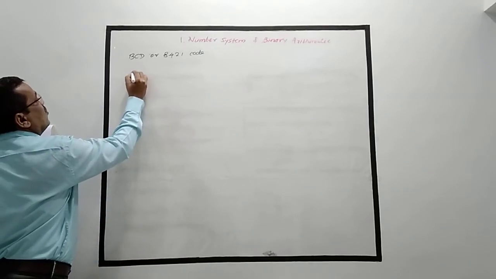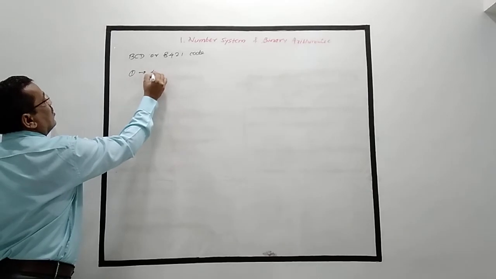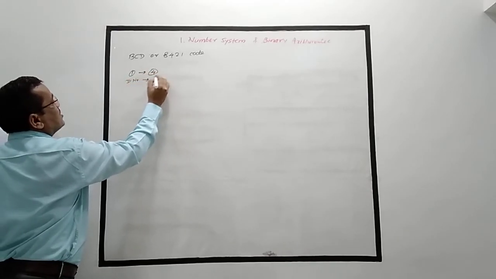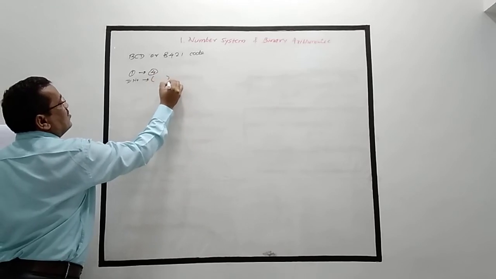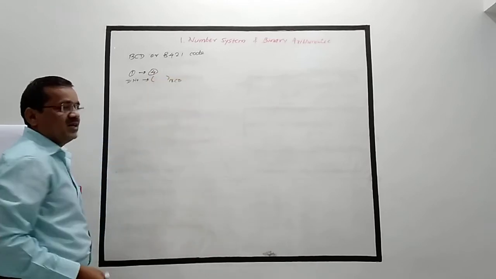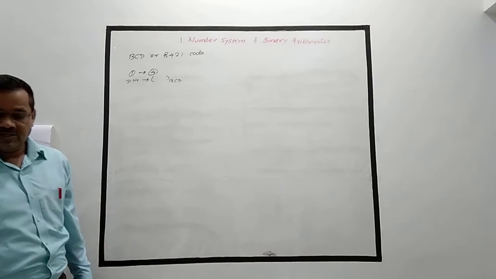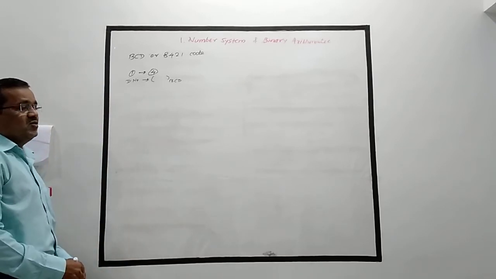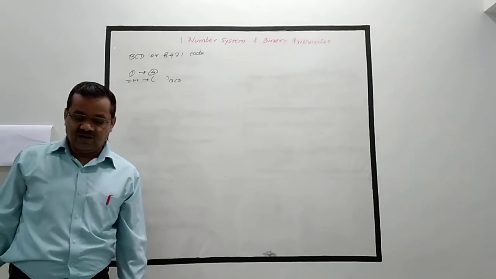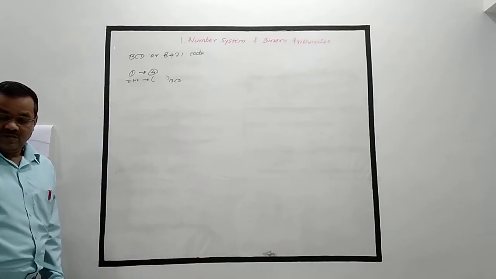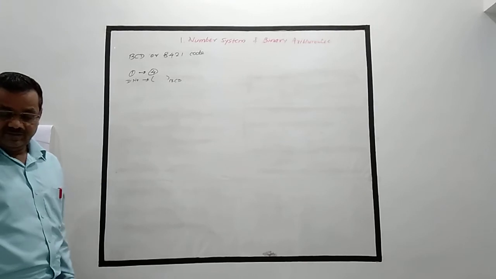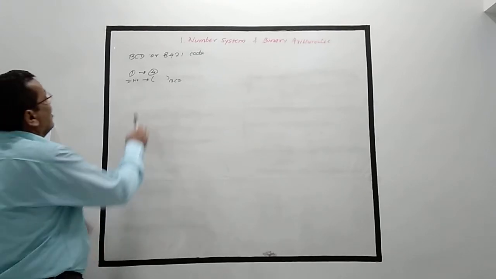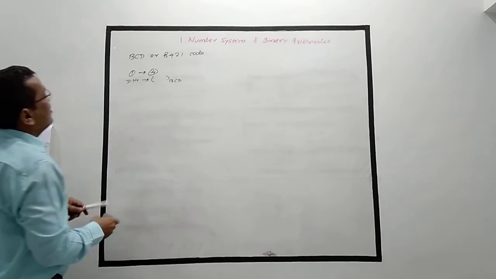Now again, conversion: decimal number to its BCD code. For example, decimal to BCD.